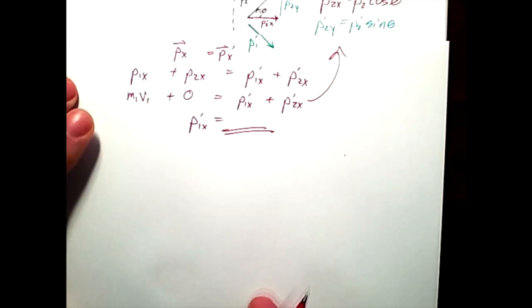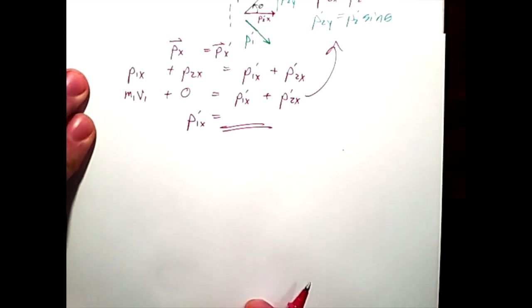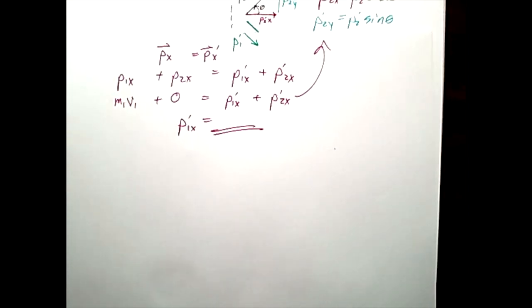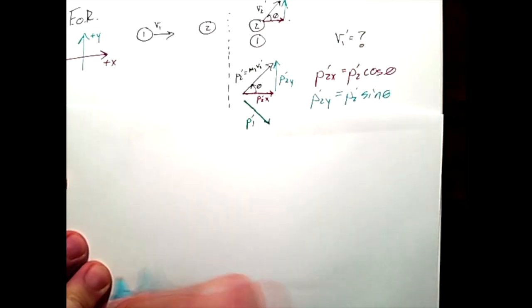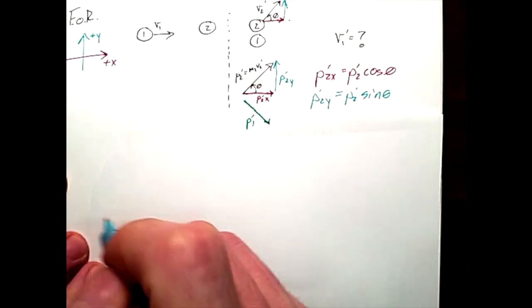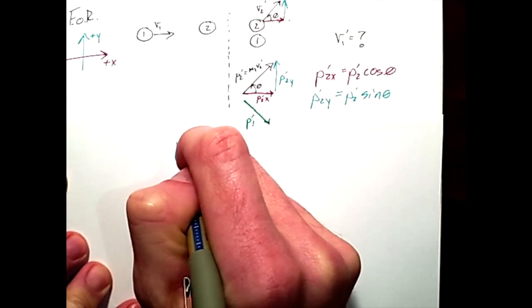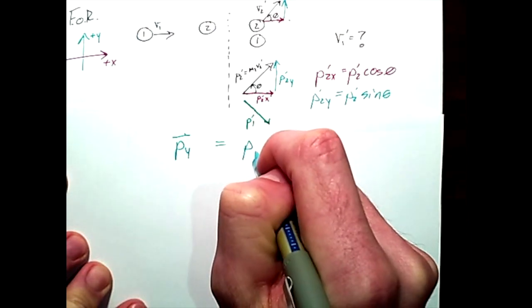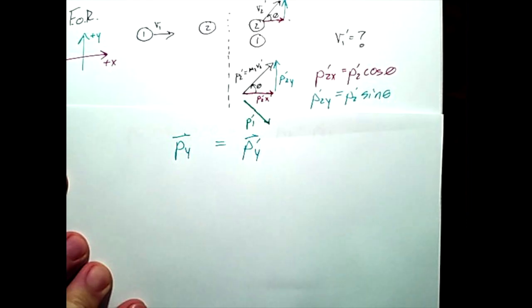Moving down from there, of course, we also have a y direction. So if I flip this over, we can do a very similar analysis in the y direction based on an elastic collision. And now the setup's going to be the same. The total momentum of the system in the y direction is equal to the total momentum of the system in the y direction after the collision.